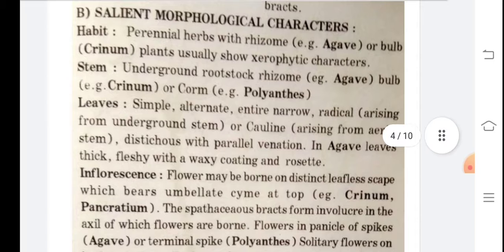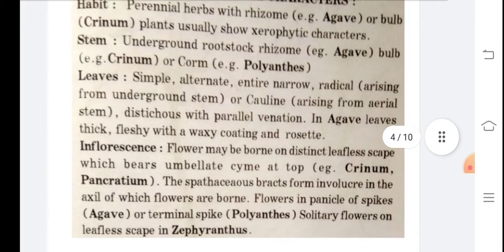Then the salient features for the whole family: the plants are herbaceous, rhizomatous, as in agave. Bulb is present in crinum, lily, and plants usually show xerophytic character. The stem is an underground rootstock, rhizome in agave, then bulb in crinum, and corm in Polianthes tuberosa.